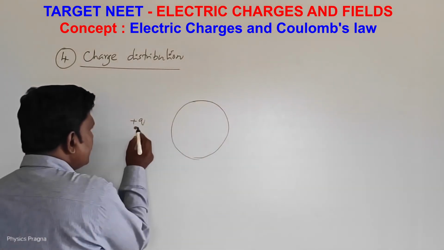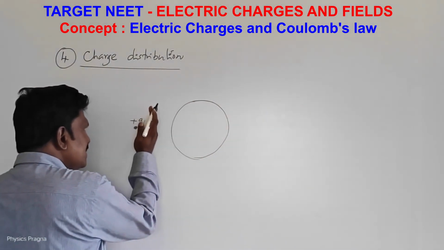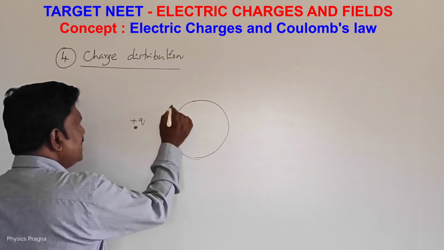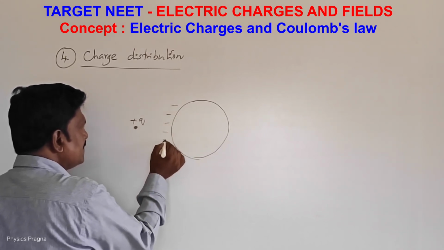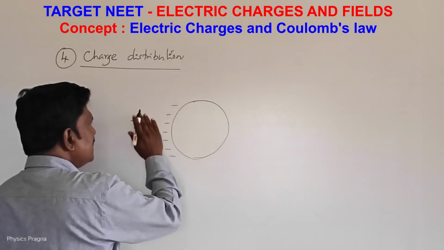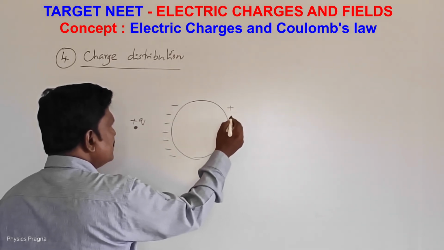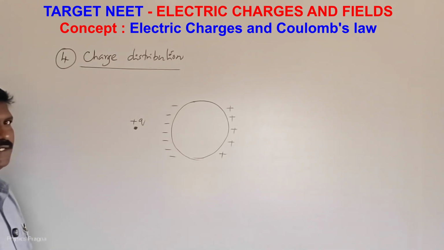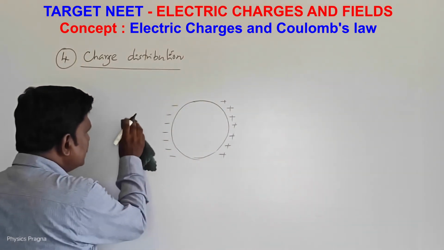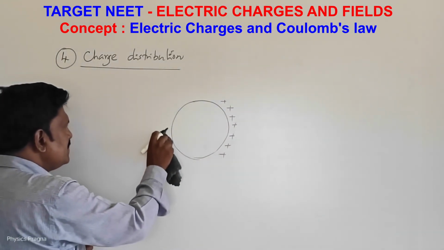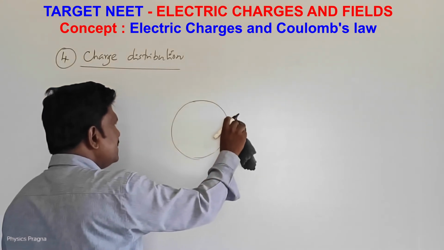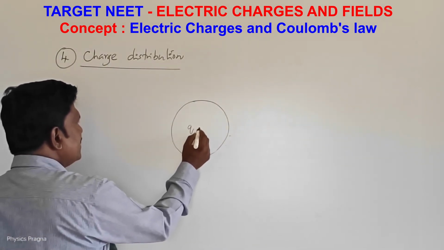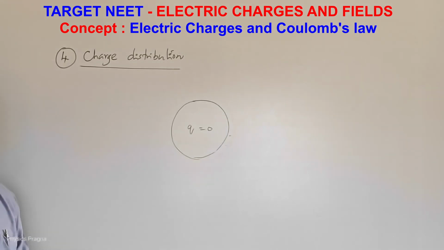Because of induction, the face towards the positive charge gets negative charges, and the surface away from this positive charge gets positive charge. Once I remove it, these positive charges and negative charges recombine, and the net charge is once again 0.